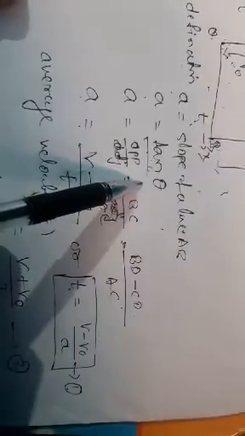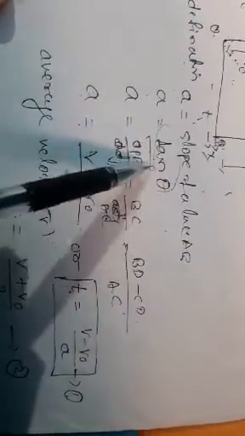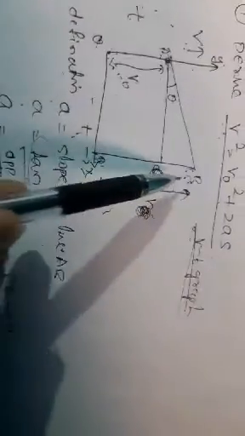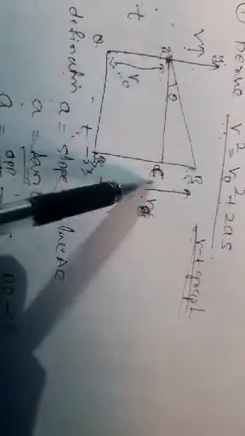By the basic definition of tan theta, opposite by adjacent side, the opposite is BC and the adjacent side is AC.